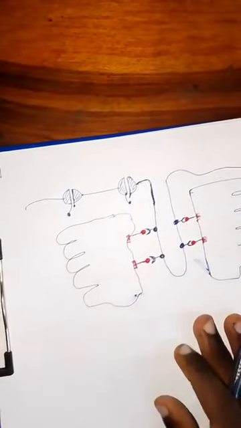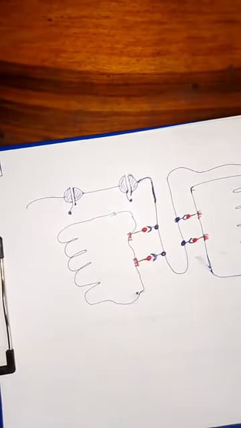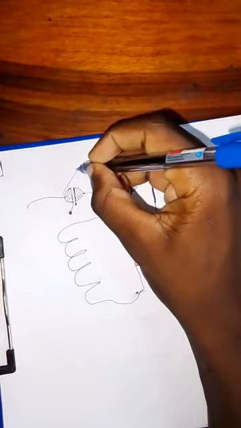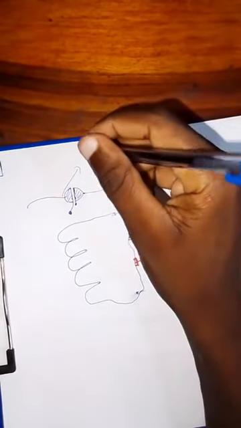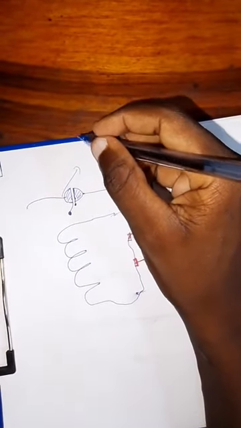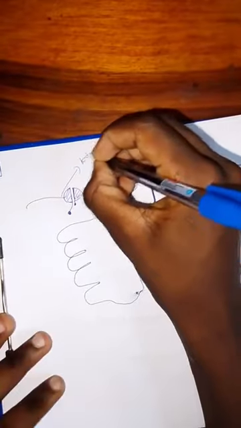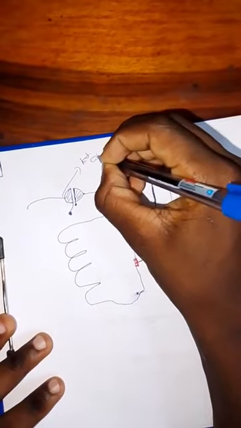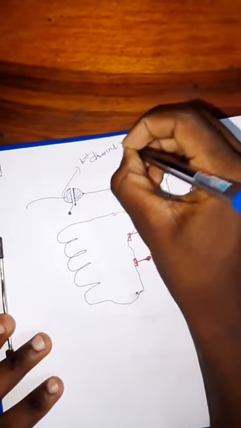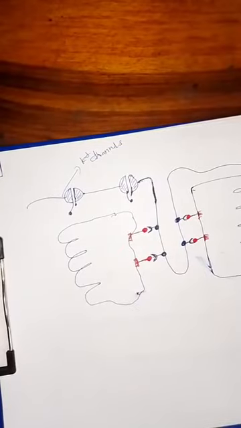Now since we have reached positive 30 millivolts, there are channels called potassium leak channels, or potassium channels. What's the function of these channels?